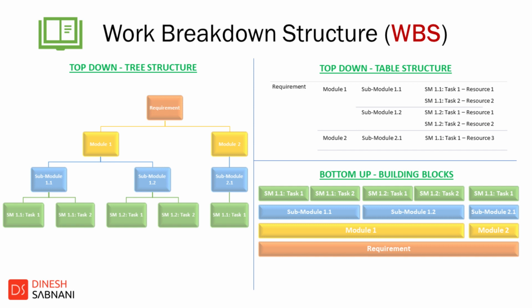The same can be created in the form of a spreadsheet by creating a table structure. In this view, columns will be defined as various levels, starting with top level requirements, having middle level as modules and submodules, and lastly with activities assigned to resources.